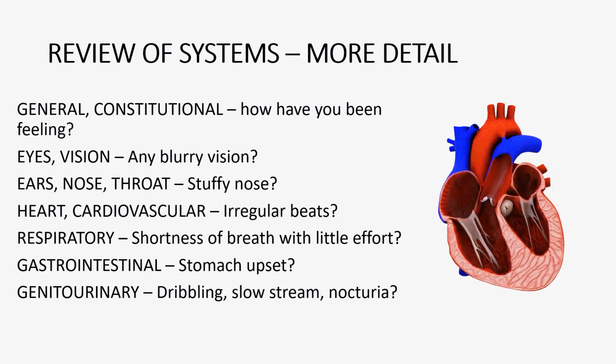Cardiovascular, they could ask you if you've had palpitations. Have you had fast heartbeats or skipped heartbeats? With respiratory, are you short of breath? They'll say, if you walk across the parking lot, would you be out of breath? Gastrointestinal would have to do with stomach upset, GU, dribbling, slow stream, nocturia.